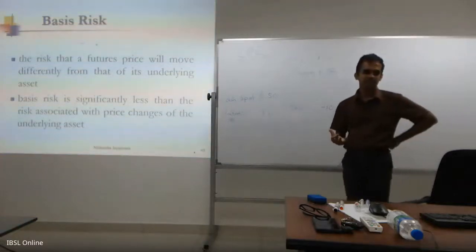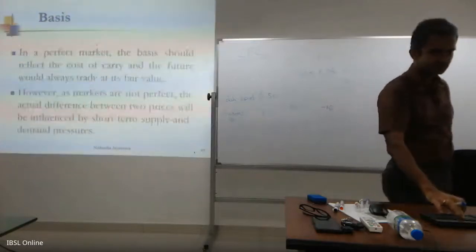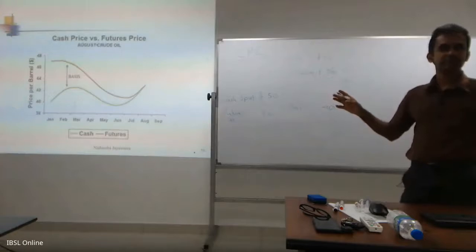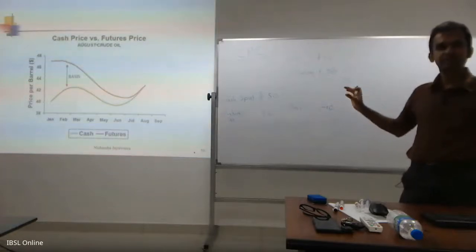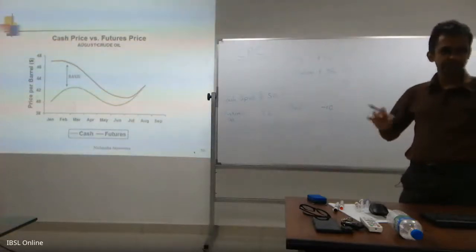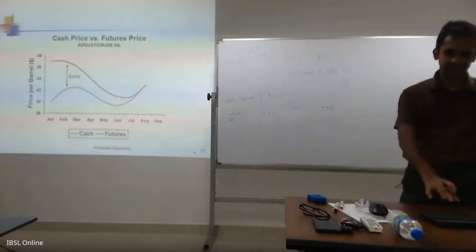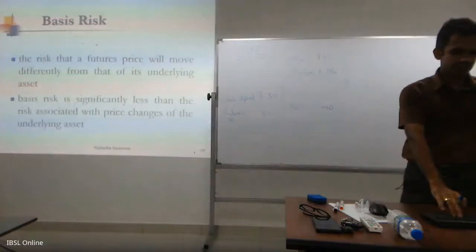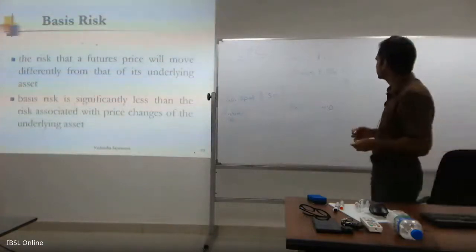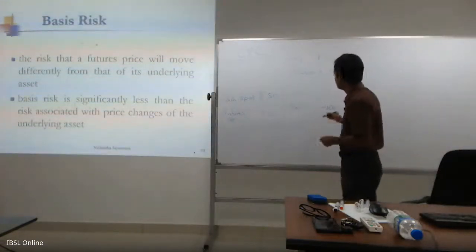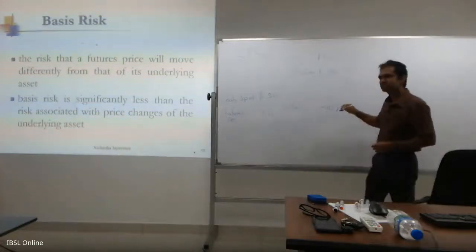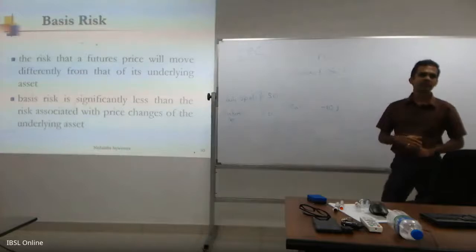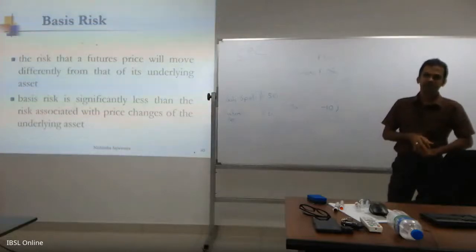Anything can happen. This is generally convergent. So this is the risk we call basis risk. The basis may change during the lifetime of the futures.